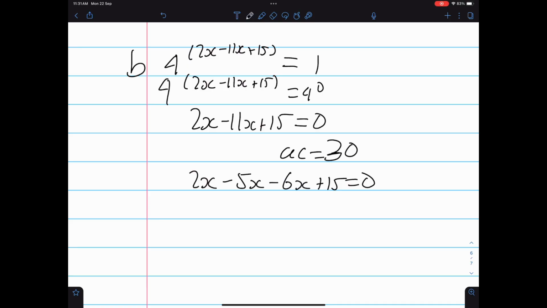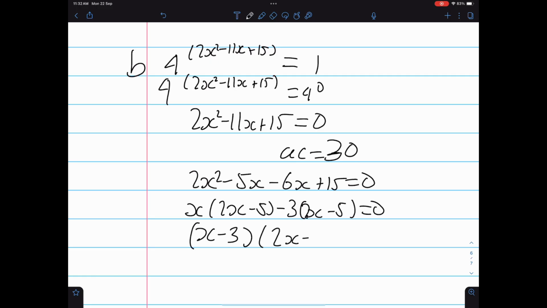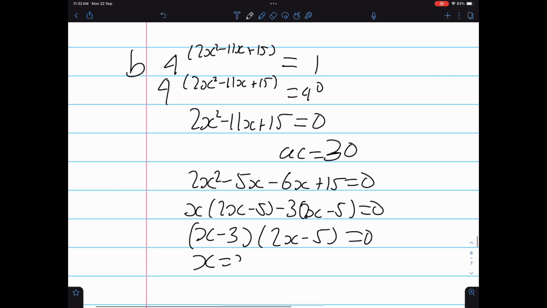And so we get this, and then we factor this out. We need squares. So we get x, 2x minus 5, minus 3, 2x minus 5 equals 0. So x minus 3 multiplied by 2x minus 5 equals 0. X equals 3 and x equals 5 over 2.